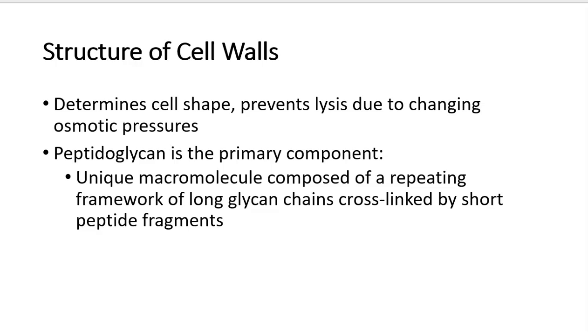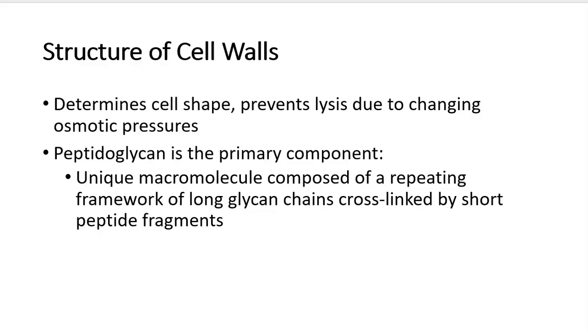The main component that makes it a bacteria is peptidoglycan. If you have an organism with a cell wall with peptidoglycan in it, it is a bacteria. If it doesn't have peptidoglycan, then it's something different. It's archaea.